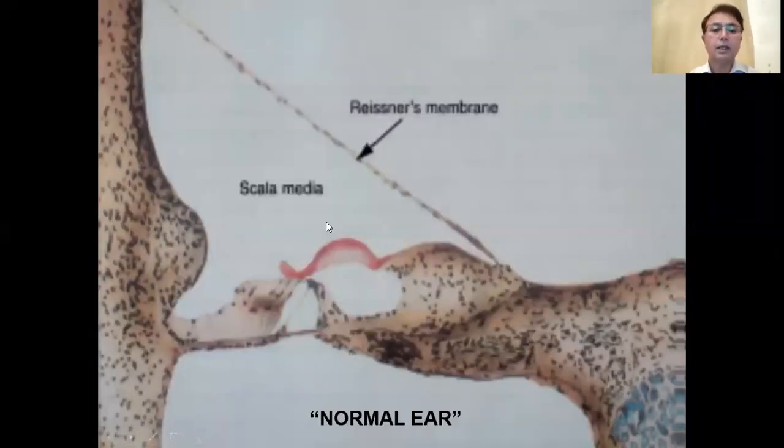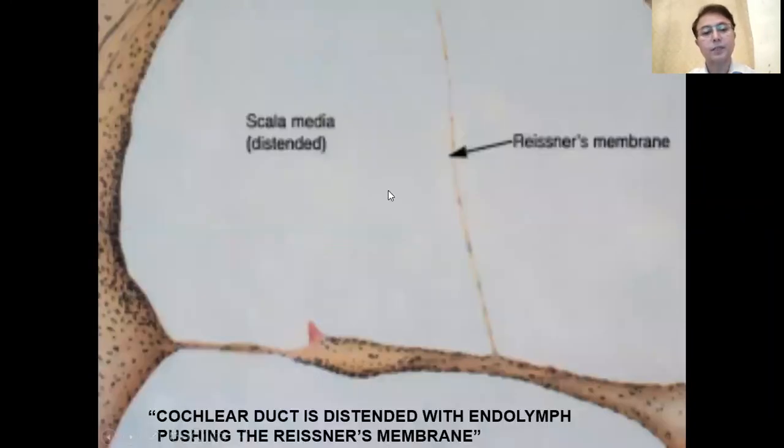It's a scala media containing endolymph. It's a scala vestibuli. And here is a basilar membrane that's having inner hair cells and outer hair cells. And if the pressure is normal, physiology is functioning so good. Once the pressure is raised here in the endolymph, scala media is highly distended.